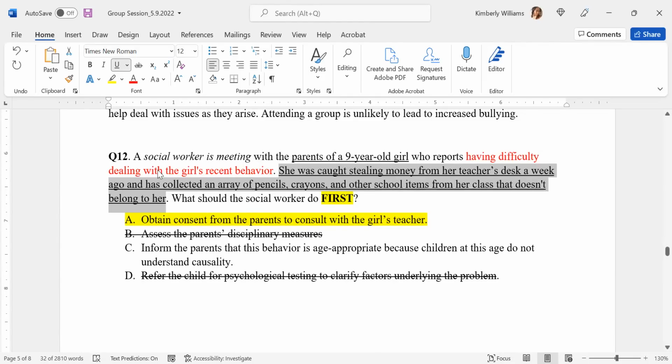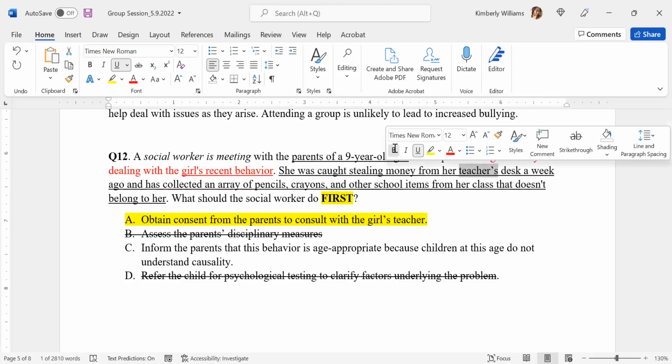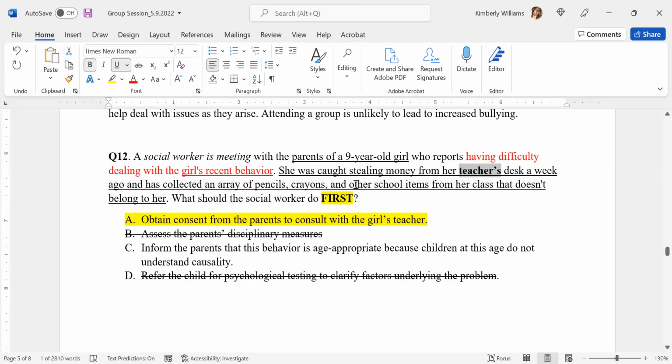She's having difficulties because of her recent behavior. Those behaviors were that she got caught stealing. I told y'all, when y'all see recent, pay attention to that time frame. It means something that just happened. So her recent behavior was that she got caught stealing money from her teacher's desk, and she collected all this stuff and other school items from her class.